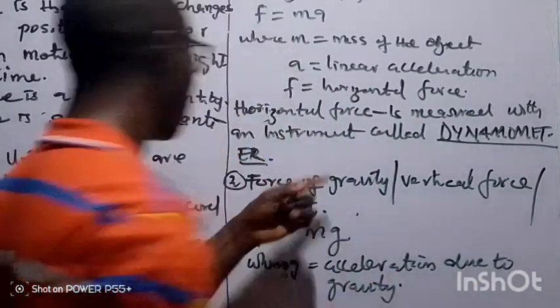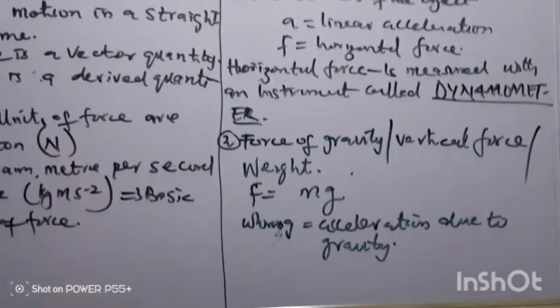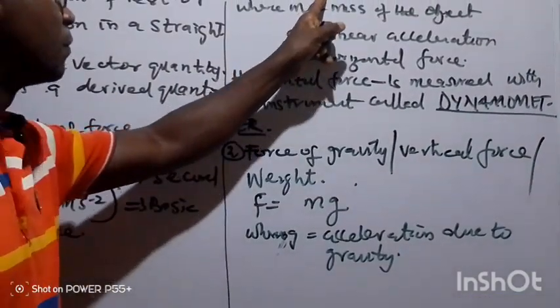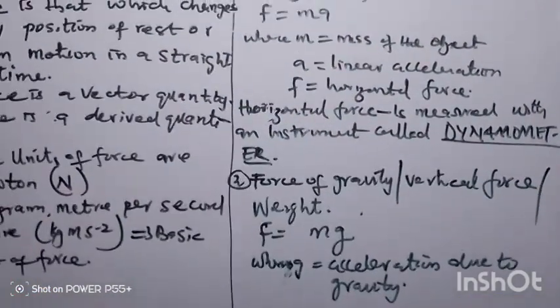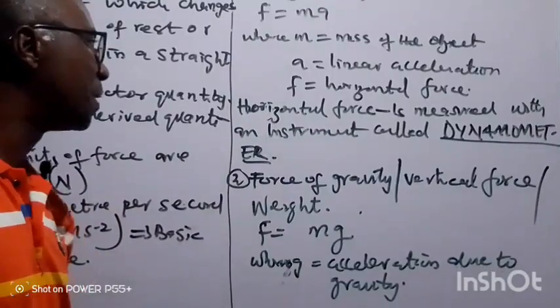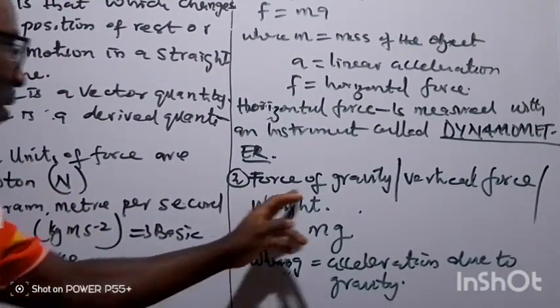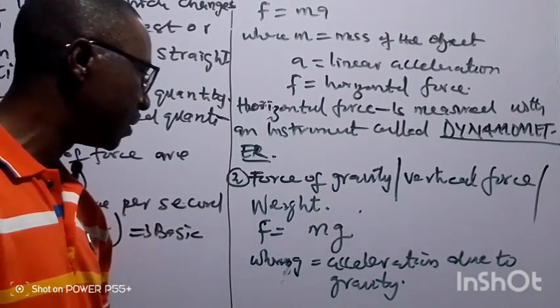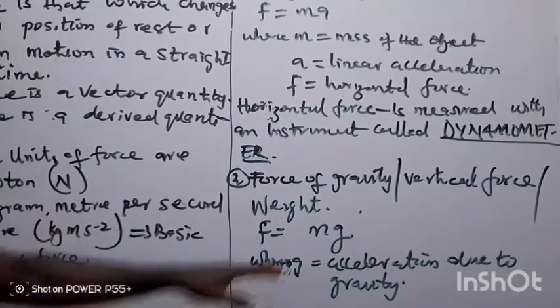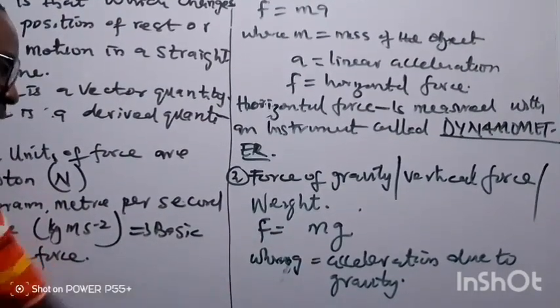That's why we call it force of gravity. Because for horizontal force, acceleration due to gravity has no effect on it. But when you say vertical force or force of gravity, g has an effect on it, and the magnitude is given as F = mg.